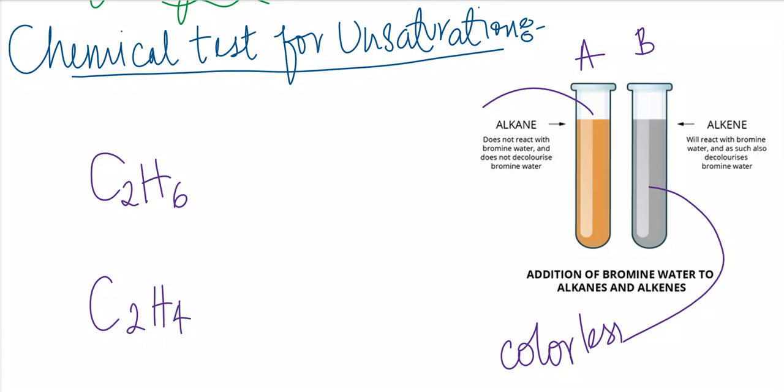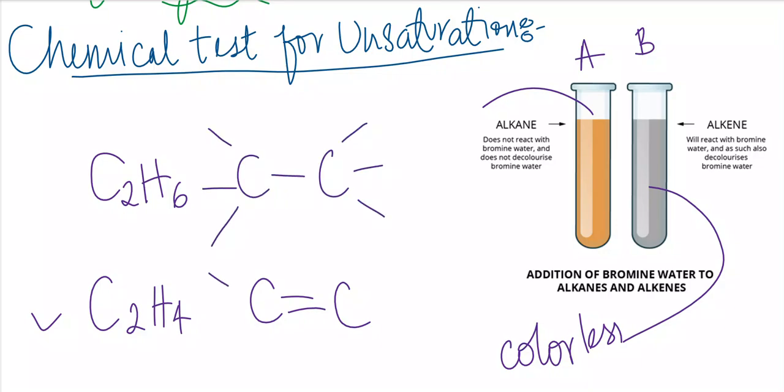Ethene contains a carbon-carbon double bond, but ethane contains carbon-carbon single bonds, and 3 hydrogen atoms are present with each carbon atom like this. So this is the structure for ethane and ethene.